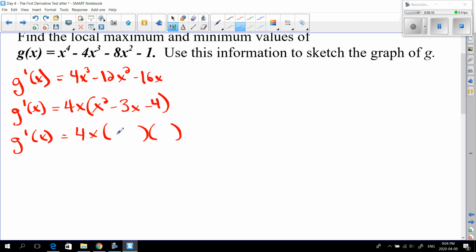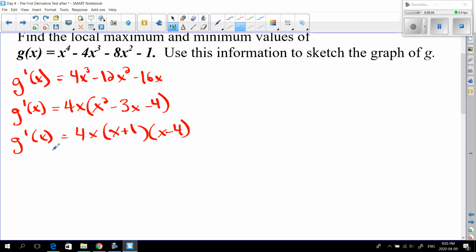So the numbers that work are a positive 1 and a negative 4. So once I get this factored, check this out, you should see that x times x, x squared, negative 4x plus 1x, minus 4. If I group my negative 4x and my plus 1x, it would give me that negative 3. So these two factors here actually equal this.